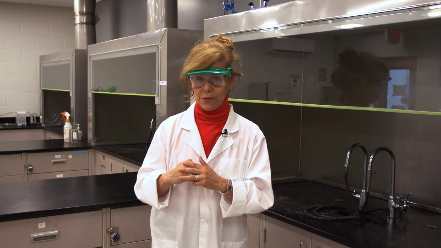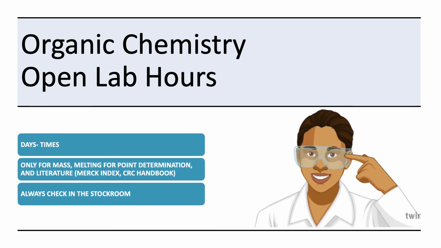But you must always check in at the stock room when you come in. They need to know that you're here because you cannot be by yourself. And again, the only activities allowed in open lab hours are mass, melting point, and research in the Merck Index and the CRC handbook.